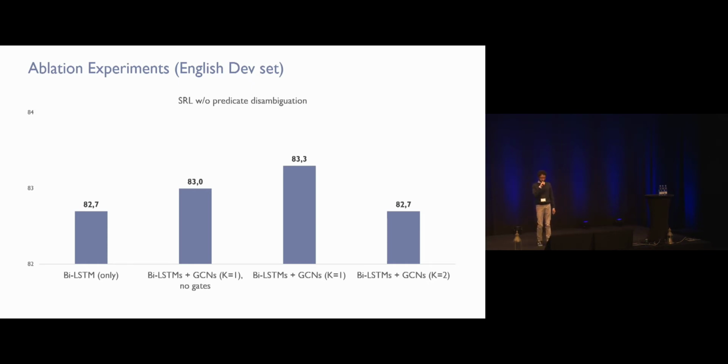The reason for this is that 2 layers of GCN probably capture the same information that the LSTM captures. And adding another layer, a 4th layer of GCN, makes the training more difficult. That's why we have these performances.